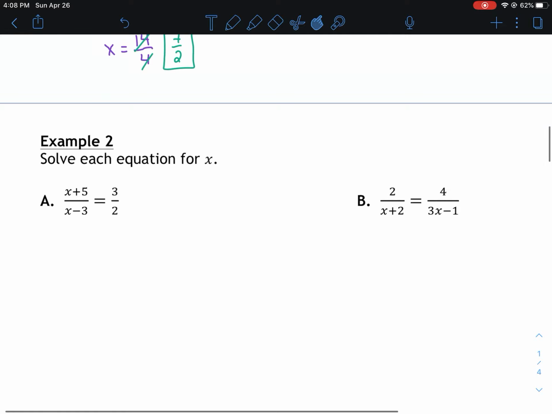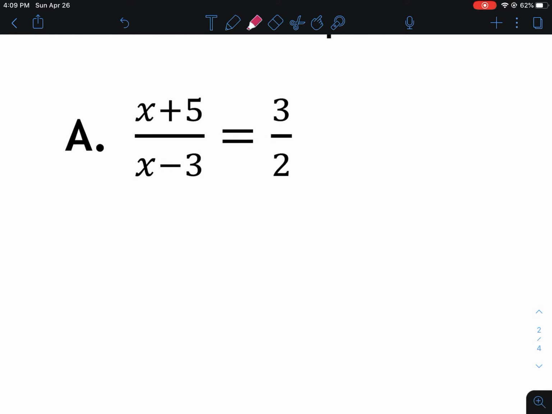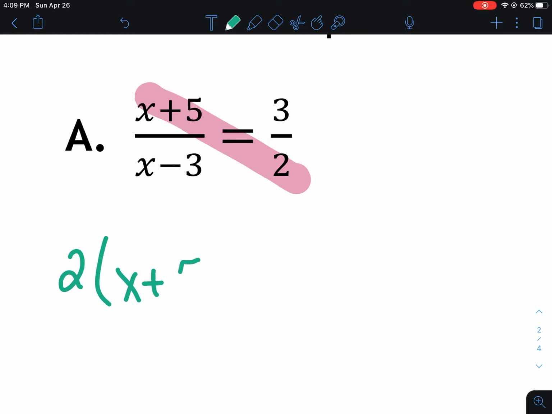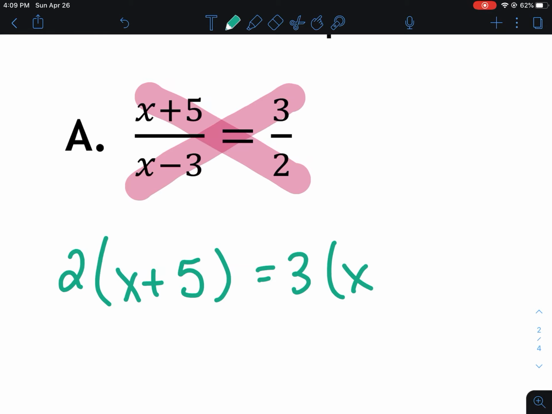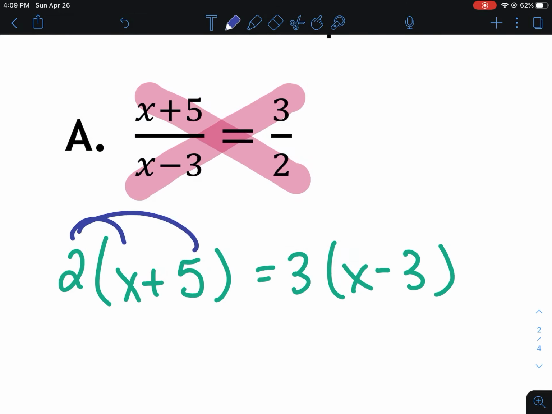All right, so for example 2, it's the exact same idea, only now we have x's in multiple places. So when I cross multiply, I just have to be very careful of my distributing. So 2 times (x plus 5), again, notice I'm using parentheses, equals 3 times (x minus 3). And then from there, I'm going to distribute.